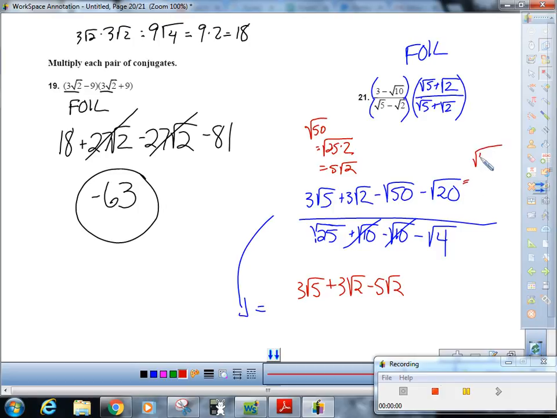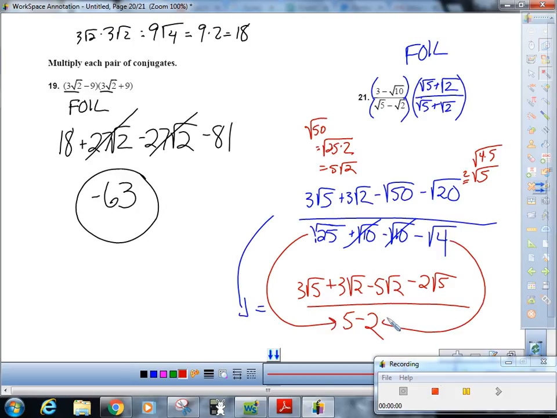That's the square root of 4 times 5, which is 2 radical 5. So, minus 5 radical 2 minus 2 radical 5 all over, let's just call that 5 minus 2. Square root of 25 is 5. Square root of 4 is 2.